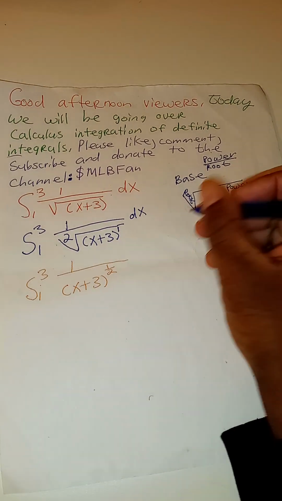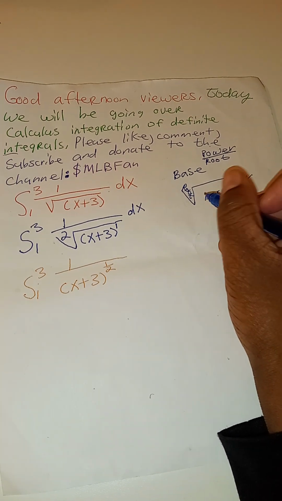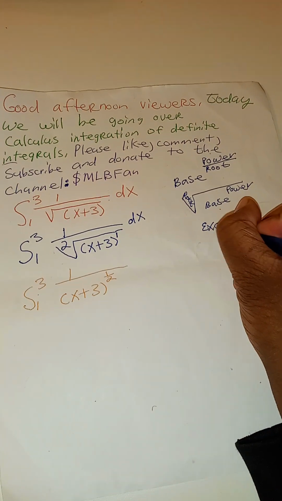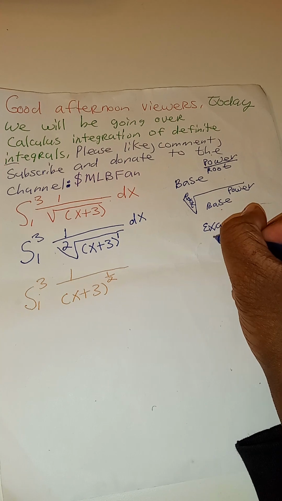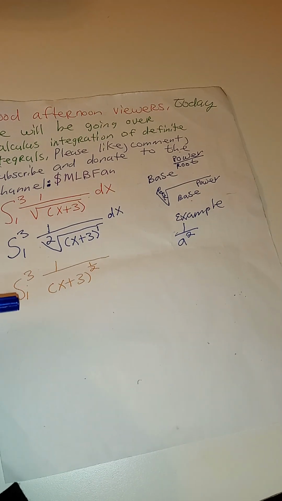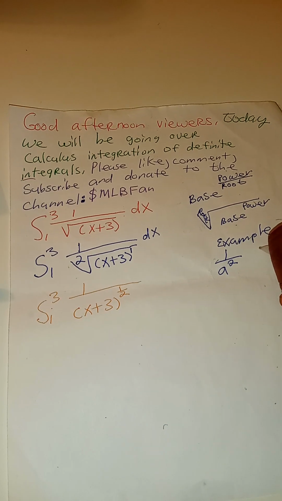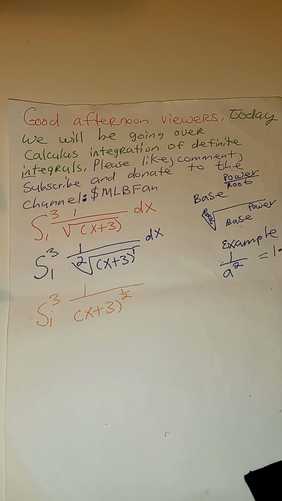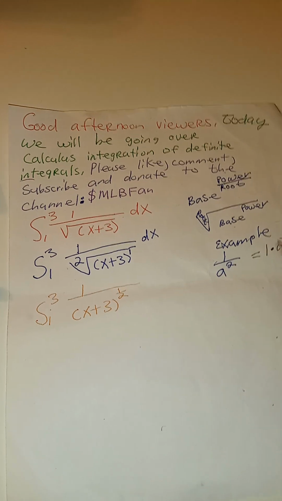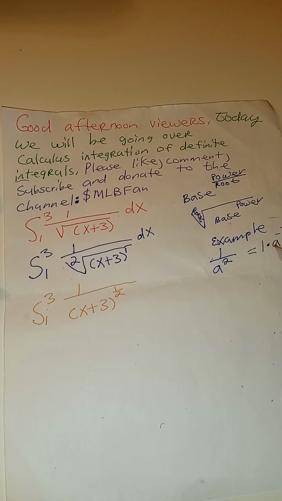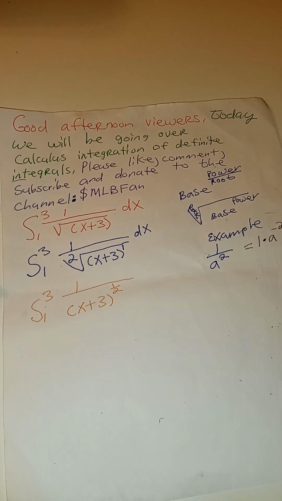And now we need to know the laws of negative exponents. So, for instance, if we have, and this is an example, 1 over a squared, we can rewrite this in the form of 1 times a to the negative second, because when we bring a squared from the denominator to the numerator, the power will change to a negative instead of a positive, and vice versa.